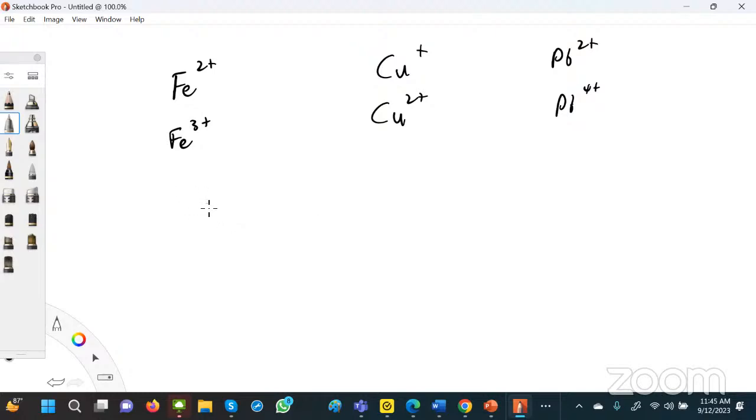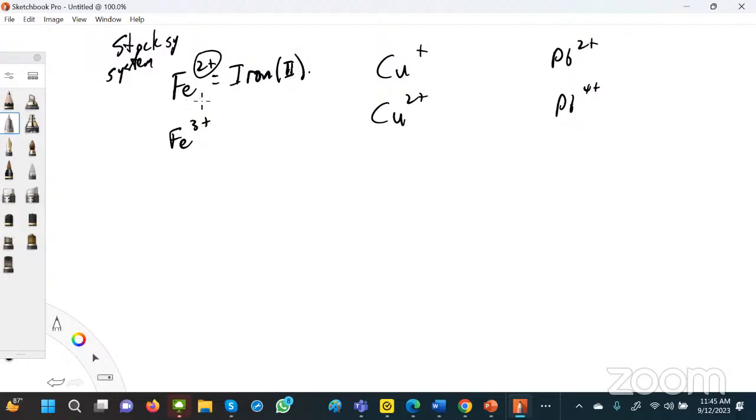There are a couple of systems that are used in IUPAC. The one that is easiest to understand is called the Stock system. According to the Stock system, we name these ions by writing down the name of the element, and then we indicate the charge in the form of Roman numerals within parentheses.